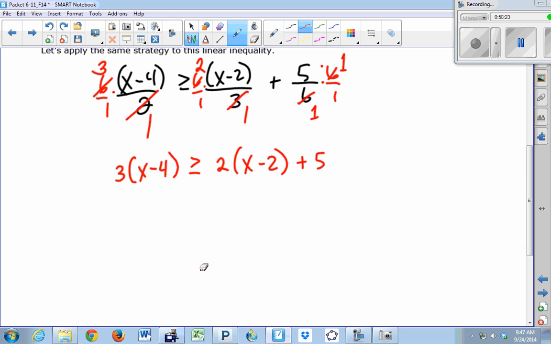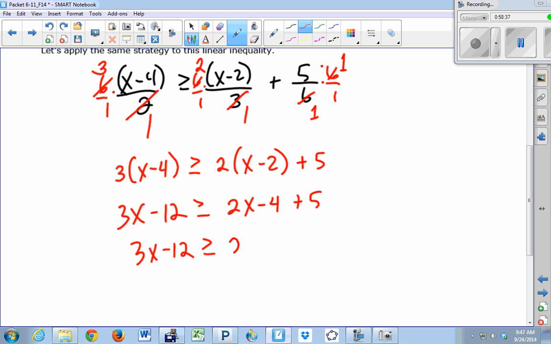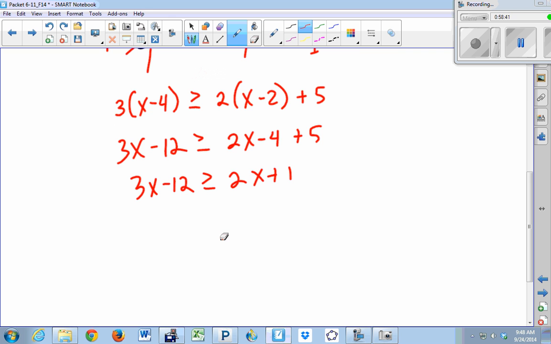So let's solve this. I would use the distributive property on the left-hand side, distributive property on the right-hand side. I combine like terms. There aren't any on the left-hand side. Combine like terms on the right side, and I get this. So now it's totally up to you. You have x terms on both sides of your equation.